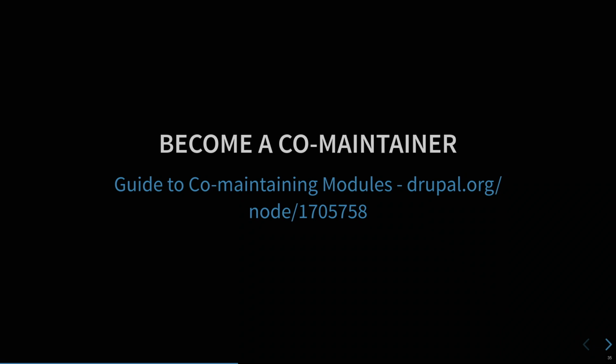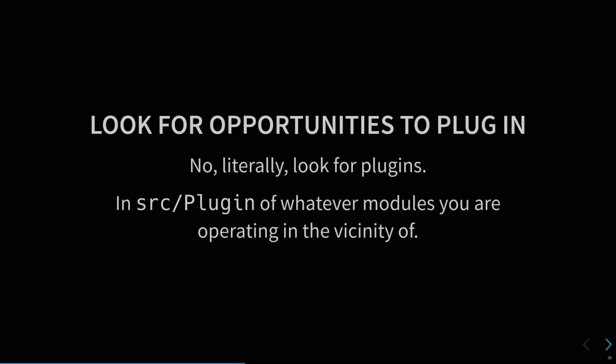But if there is a module that's close to doing what you're doing, that is where to start. And then when you're building on modules, look for opportunities to plug in. Literally, look for plugins. They'll be in the source plugin folder of whatever modules you are operating in the vicinity of.